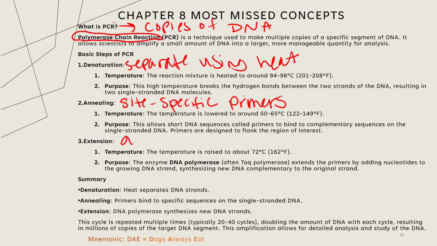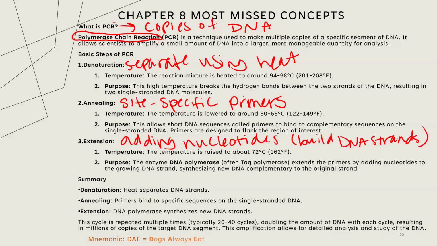Extension is just adding on the nucleotides in that area, so building the DNA strands. You guys remember how we've already gone over twice: the original strands are going to separate apart, and then we get the new strand built off of each one as a template, right?